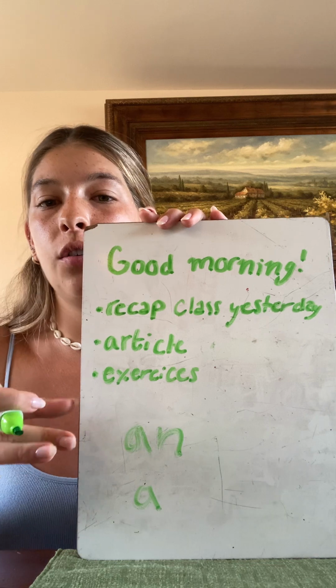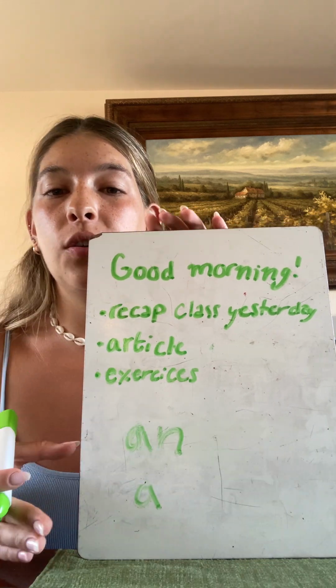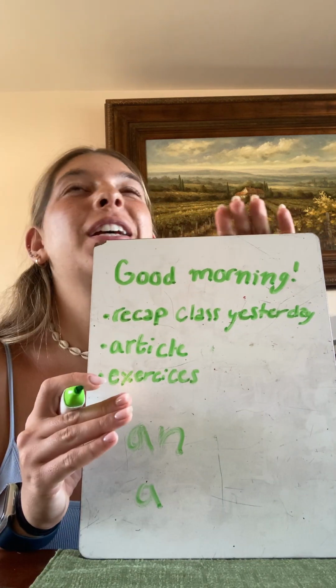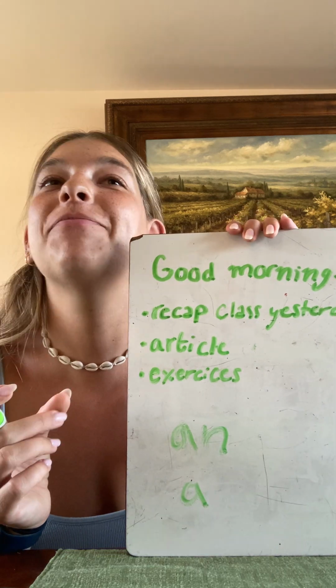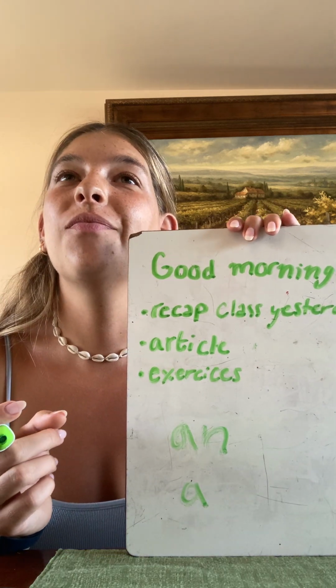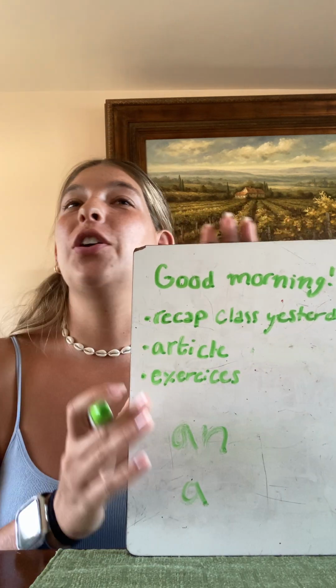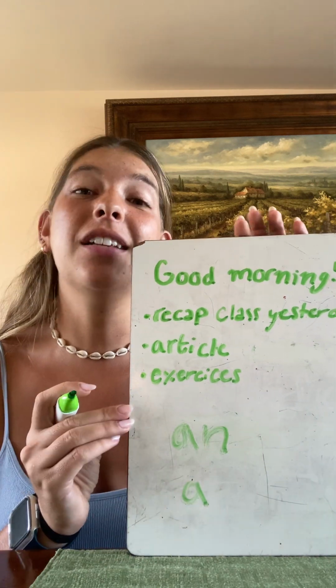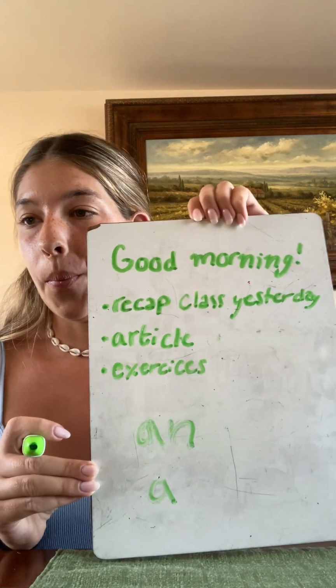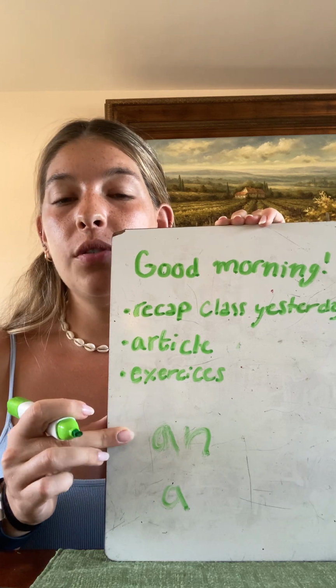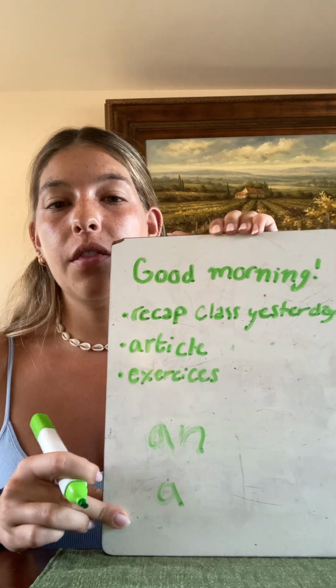In which context do you use "an"? In which context do you use "a"? Does anyone know the answer to that? It's a hard one and we're just learning, so that's fine if you don't know the answer. So, you know that we use "an" or "a" in front of a noun.